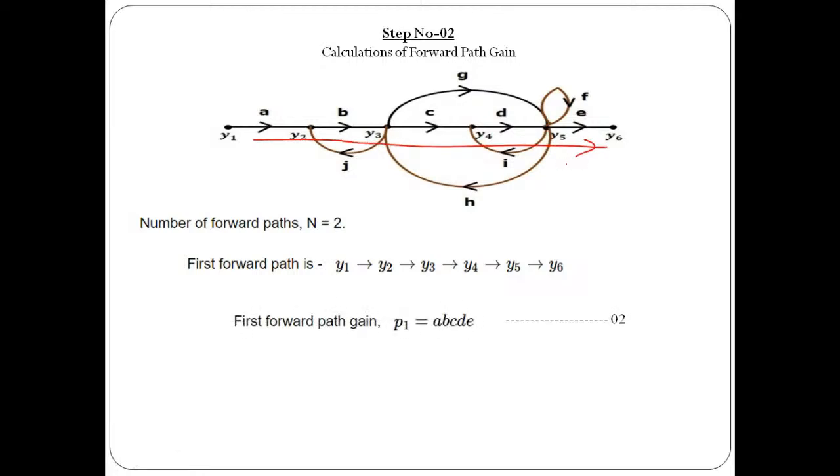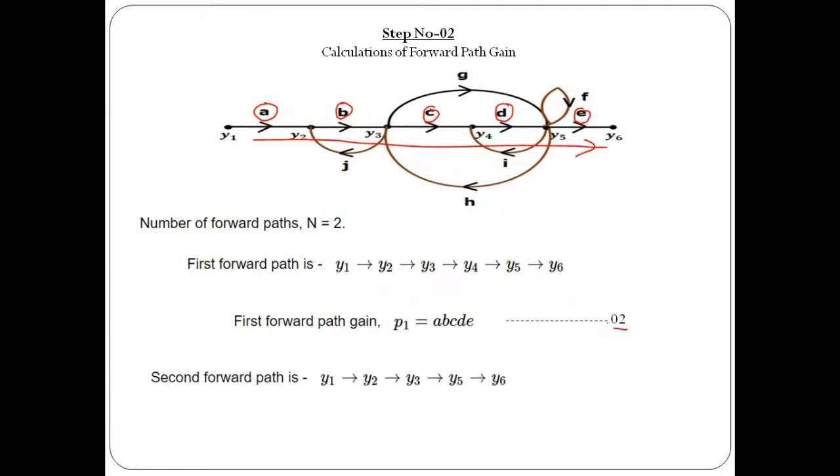As I told you, the gain is P1, and it is simply the product of the gains of the branches responsible for its formation. So it is A multiplied by B multiplied by C multiplied by D multiplied by E. That will be equation number 2.